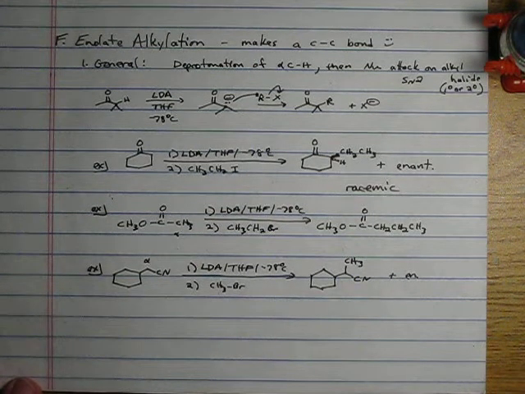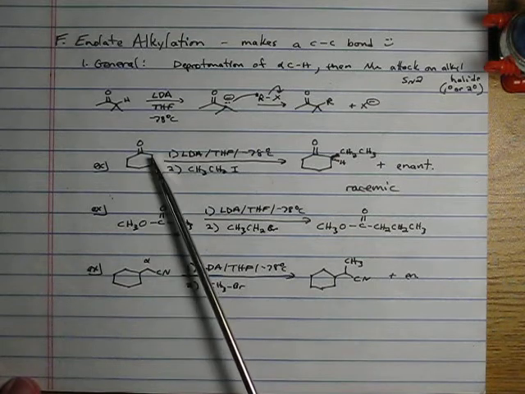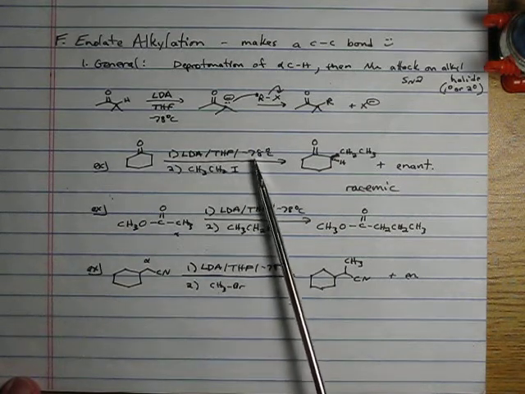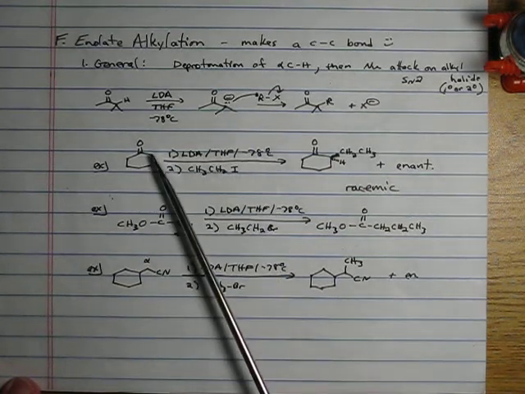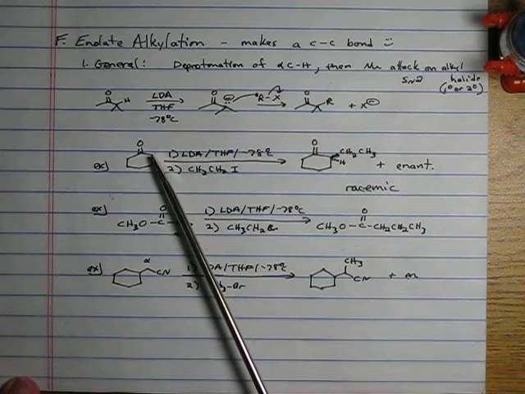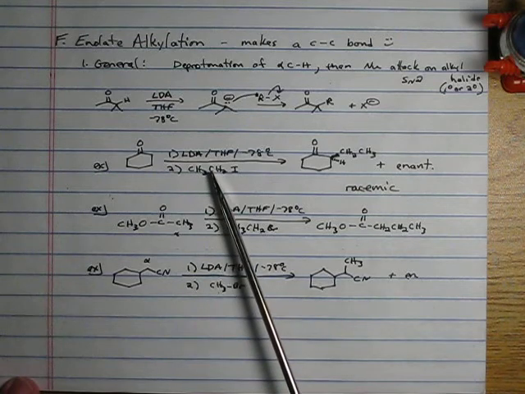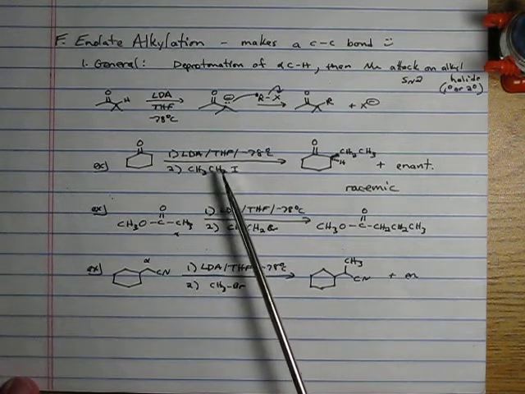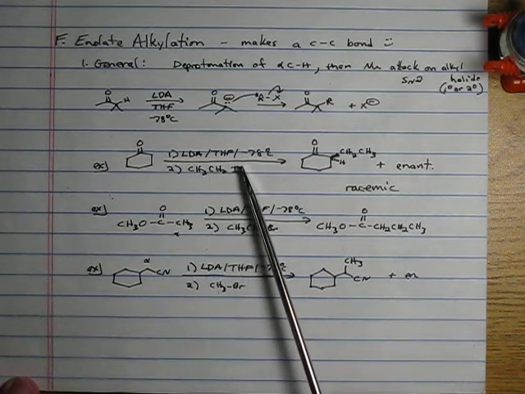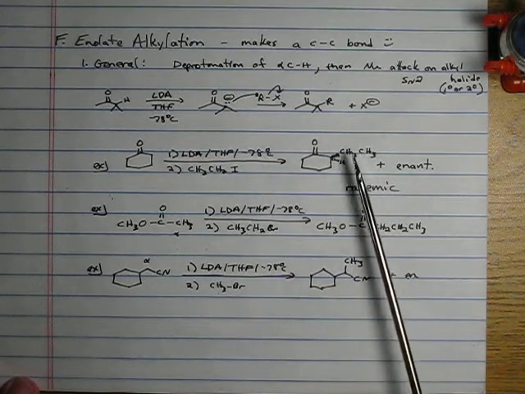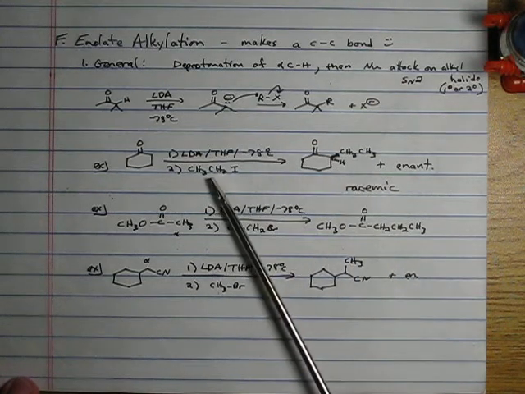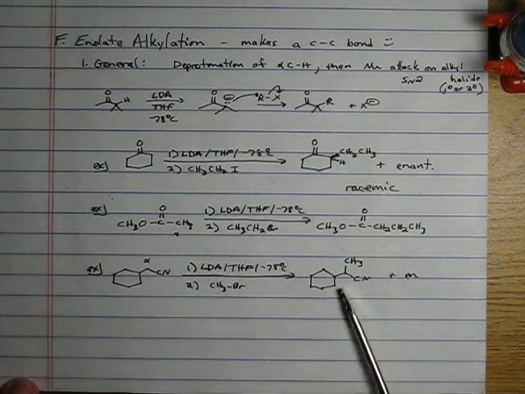So let's just go through some examples. Take cyclohexanone, LDA, THF, minus 78 degrees, puts a negative carbanion right here. That negative carbanion will attack the carbon that contains the iodide in this alkyl halide. The iodide will leave, and we put on this ethyl group right on that alpha carbon.